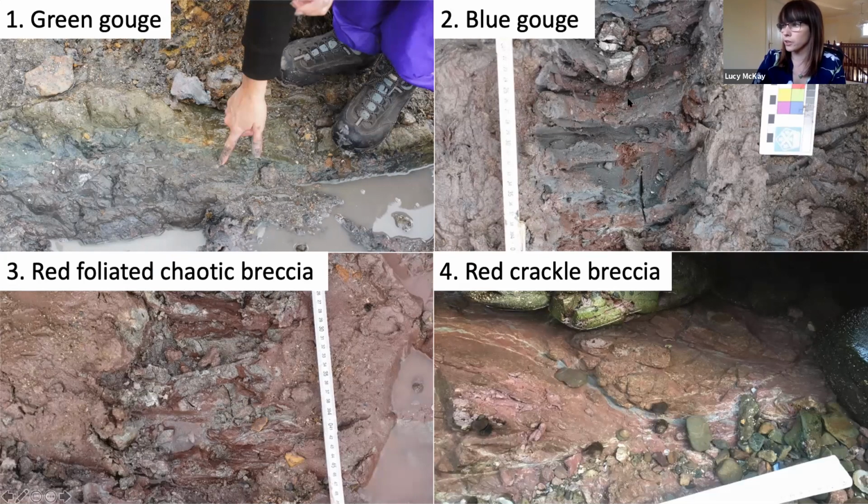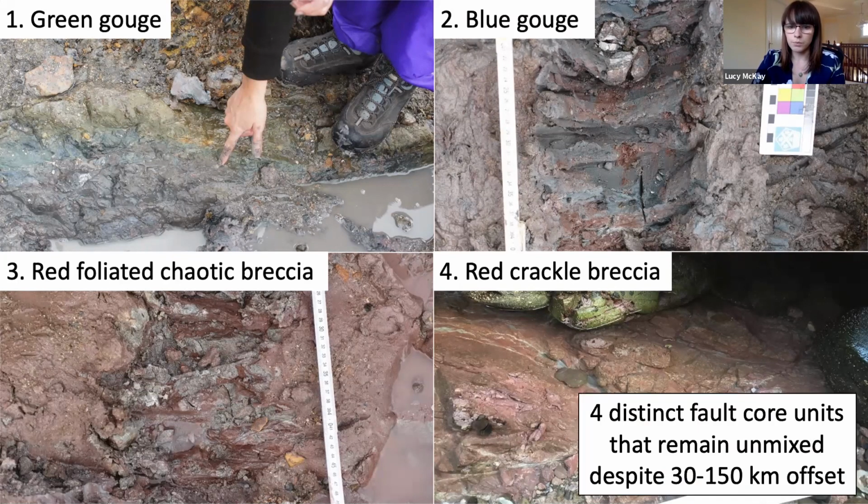Then you've got a blue gouge of high plasticity, a red foliated chaotic breccia with clear structural fabrics, and a red cataclasite with large elongated lenses of the wall rock. Surprisingly, they remain unmixed despite it being such a large offset fault. I'm going to go through and describe each of these fault core units individually.